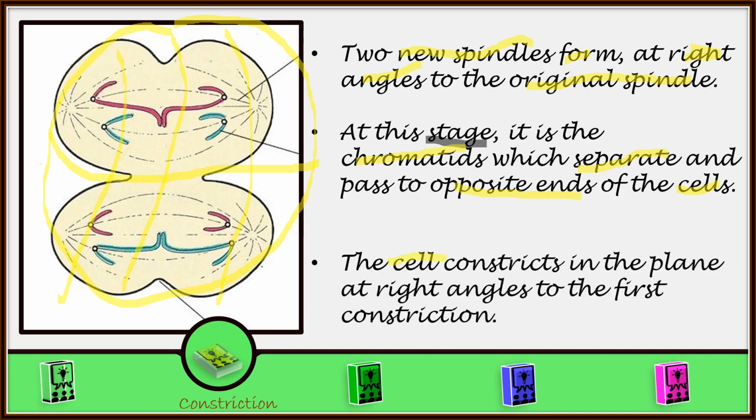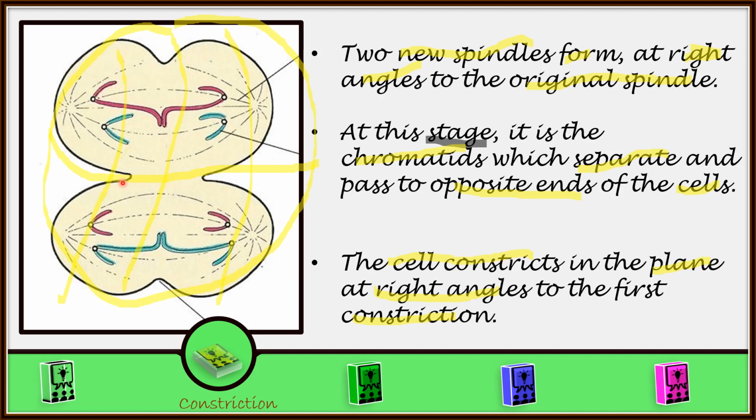The cell constricts in the plane at right angles to the first constriction. So now, we still remember our first constriction of the first cell was in the middle, which is this constriction here.